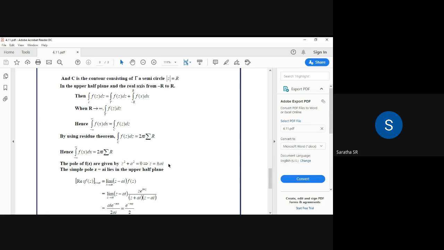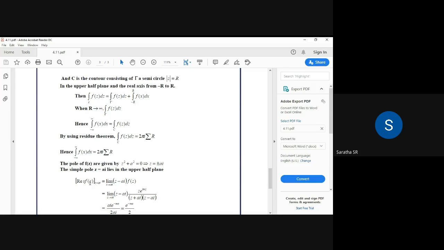Already we discussed that the positive value lies inside the upper half plane, and minus ai lies outside the upper half plane. We have to consider only the positive value because we are taking the upper half plane only. So ai lies inside, minus ai lies outside. So no need to calculate for minus ai. We have to calculate only for z equal to ai.